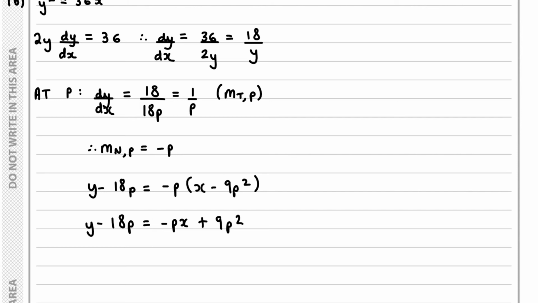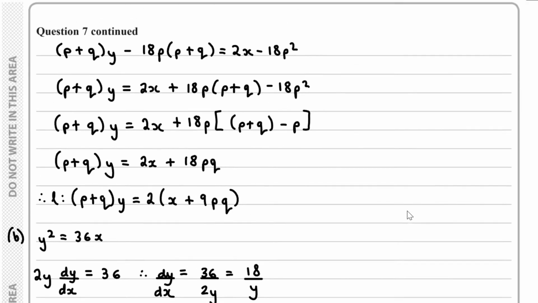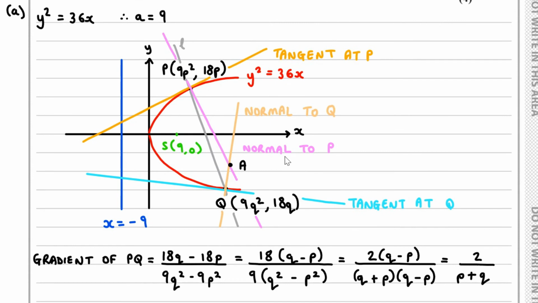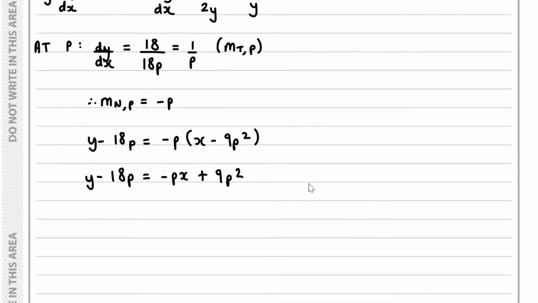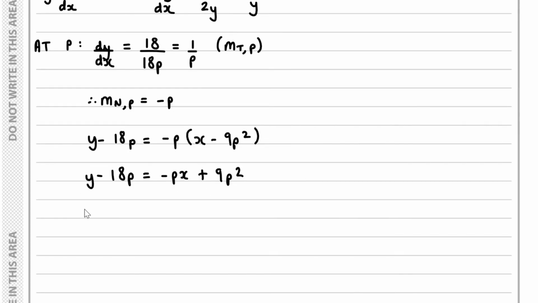And if we tidy this up, for the equation of the normal to P, we would have y equals minus px plus 18p plus 9p cubed.